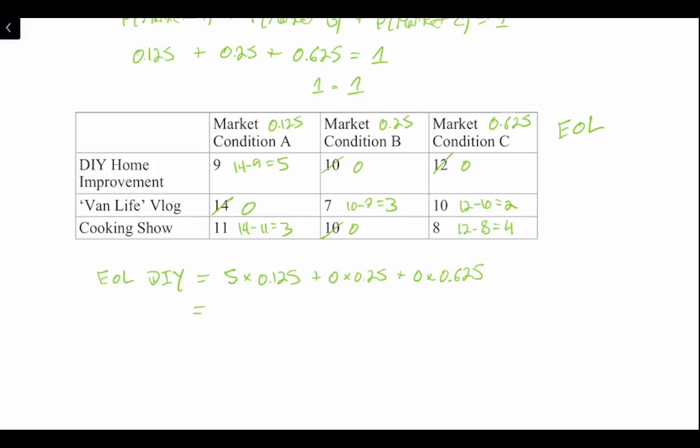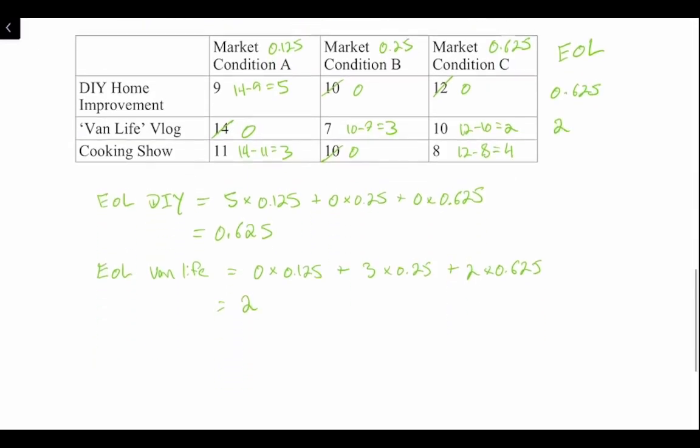So this is just equal to 5 times 0.125, which gives us 0.625. Our EOL for van life is going to be 0 times 0.125 plus 3 times 0.25 plus 2 times 0.625. So 3 times 0.25 plus 2 times 0.625 gives us an EOL of 2.